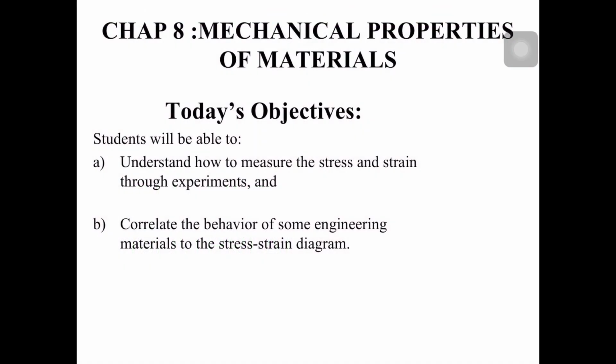Mechanical properties of materials. So today's objective: students will be able to understand how to measure stress and strain through experiment, and, number two, correlate the behavior of some engineering materials to the stress-strain diagram.